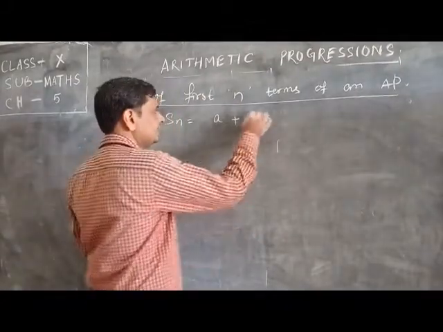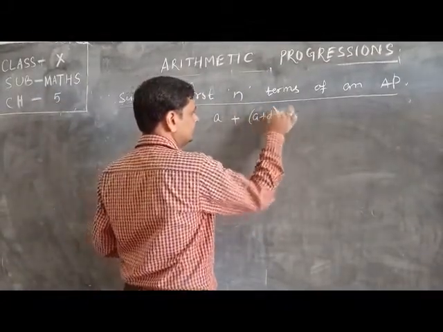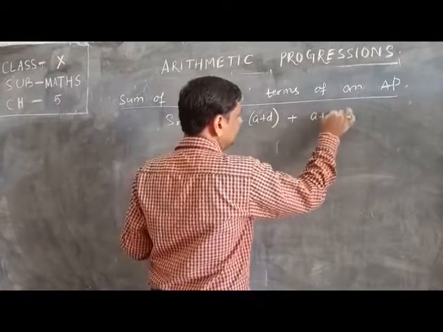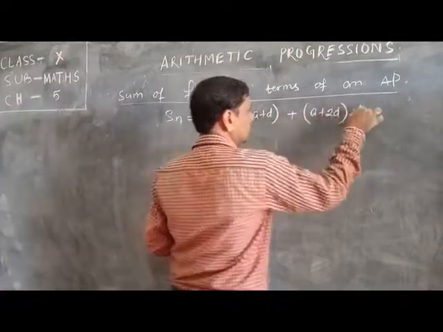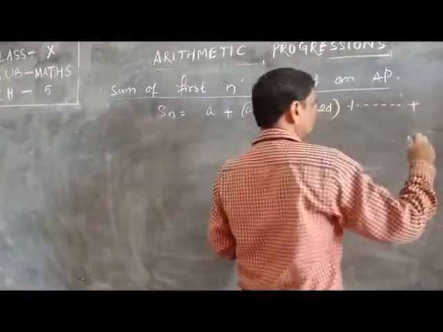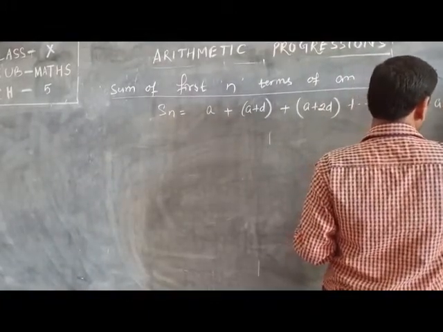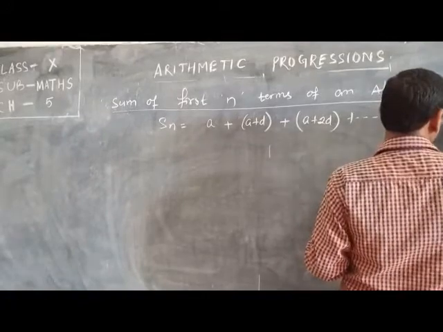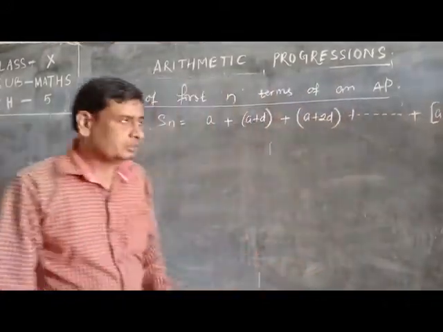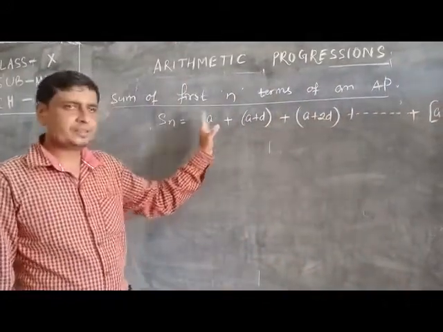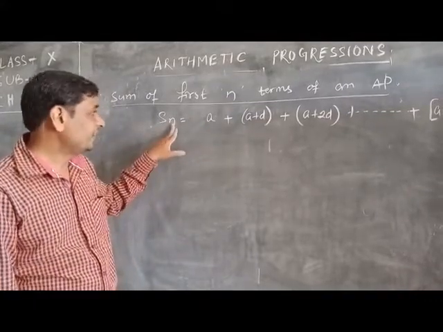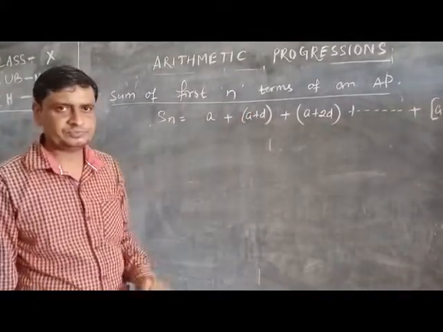Next one is a plus d. Next one is a plus 2d. In this way, we have to add up to the last term, a plus n minus 1 into d. All the terms of this AP up to the nth term are added.